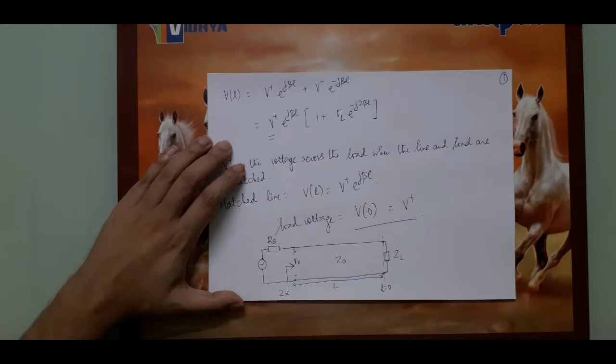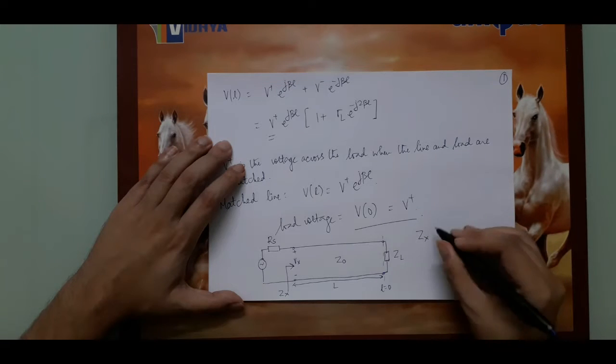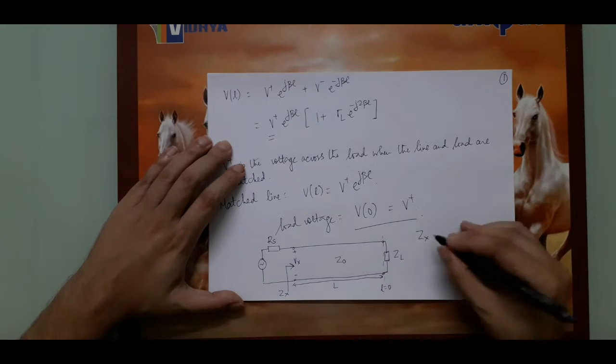So in general, in the steady state solution, the source will see... If I ask you what is Zx, Zx is nothing but the load impedance transformed to this point. So the impedance seen by the source is Zx.